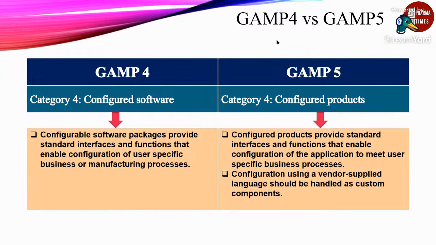So many software in pharma industries, like BMS, EMS, LMS (learning management system, building management system, environment management system), or SAP, come into this picture in configured products, because they have functionality, or we can say they develop the functionality on the basis of our requirement.